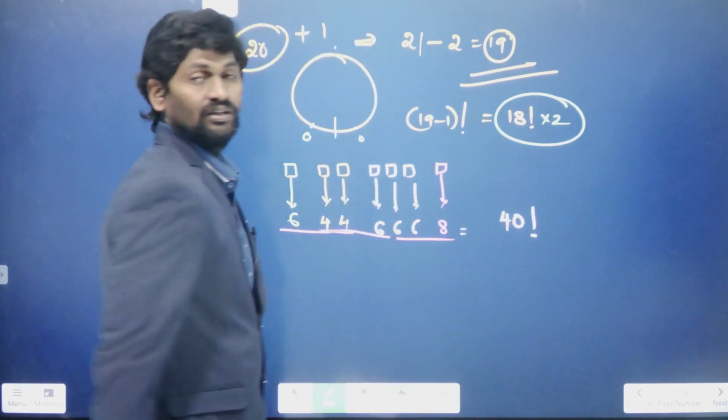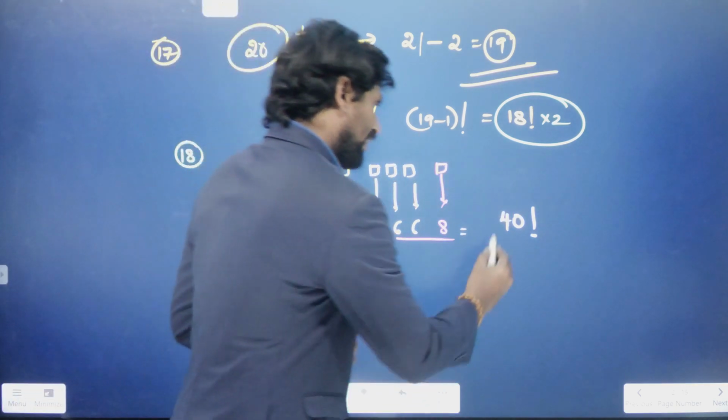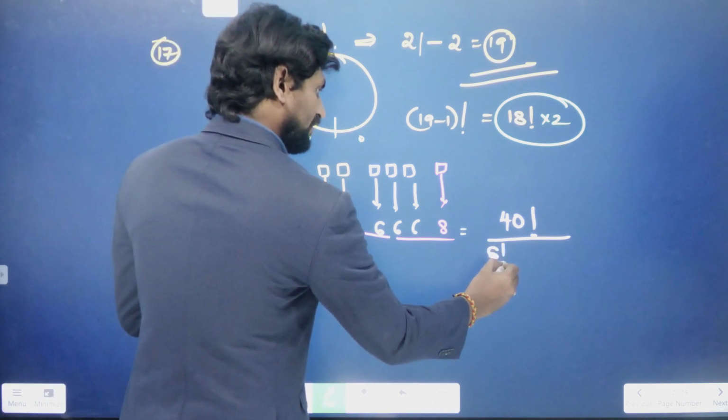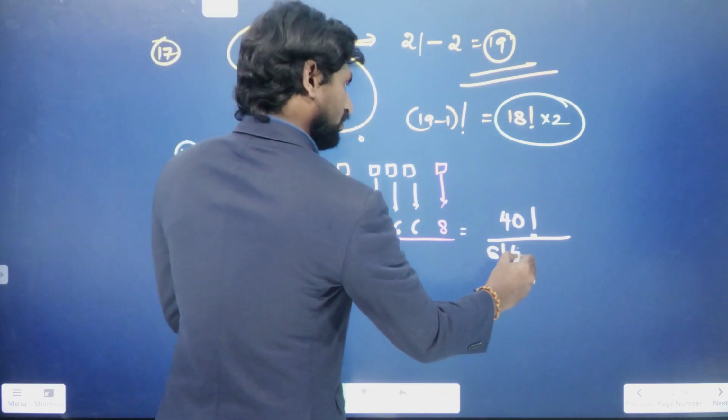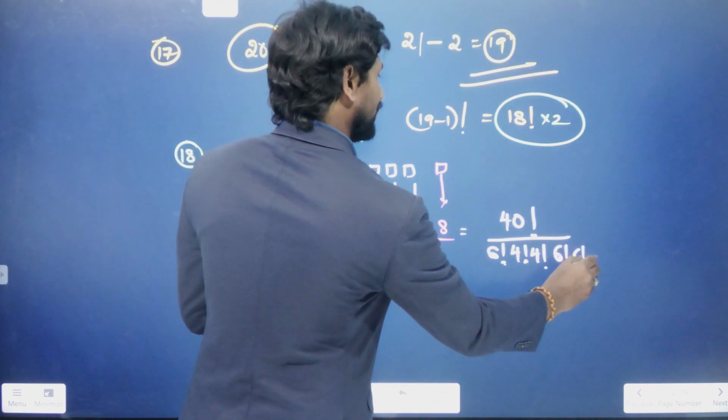These 40 books we can arrange in 40 factorial, divided by the repeated ones. Same book 6 copies gives 6 factorial, then 4 factorial into 4 factorial, then 6 factorial into 6 factorial into 6 factorial.